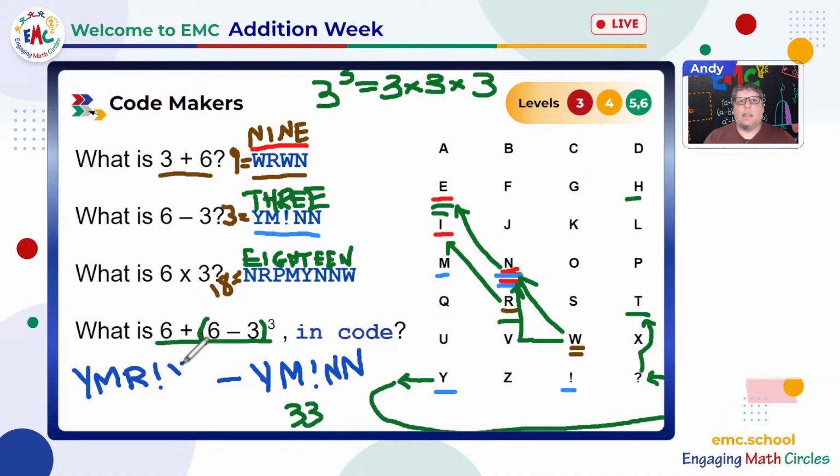So I need a Y. And we haven't got a Y yet, so that's the one we had to figure out.